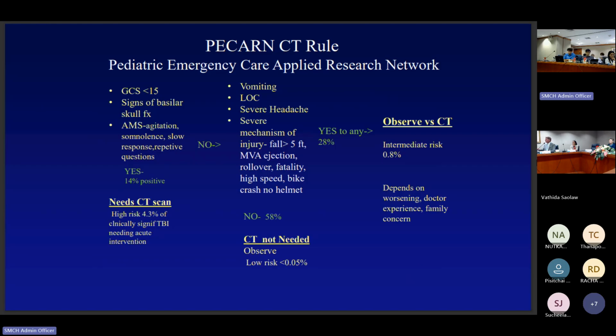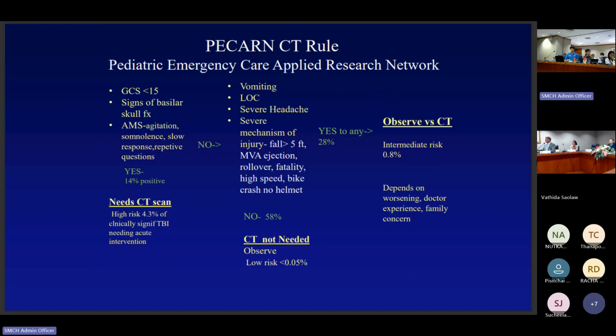So if they don't have these symptoms, but they do have vomiting, loss of consciousness, severe headache, or a severe mechanism of injury, which is a fall greater than 5 feet or a pretty significant motor vehicle or unhelmeted bike accident, they have a less than 1% chance of having something. For the most part, all the rest of these can be observed for about 2 hours and possibly up to 6 hours, and then they get out of this risk.